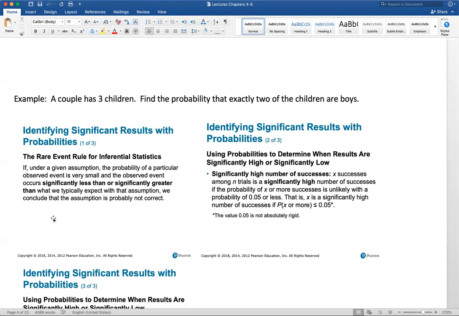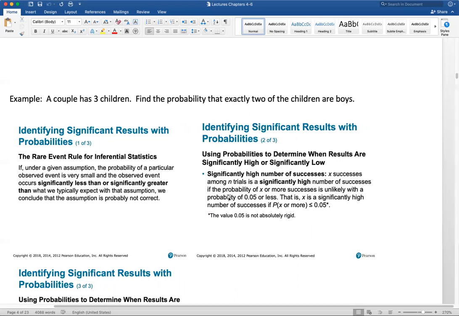So, using probability to determine when results are significantly high or significantly low, I told you if the probability of something is less than or equal to 0.05, then we say the probability is significantly low.